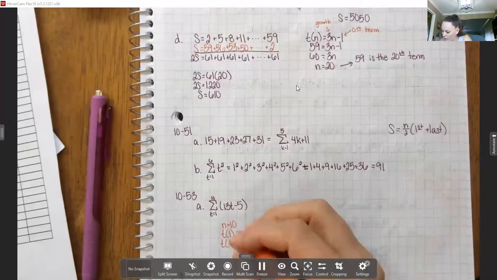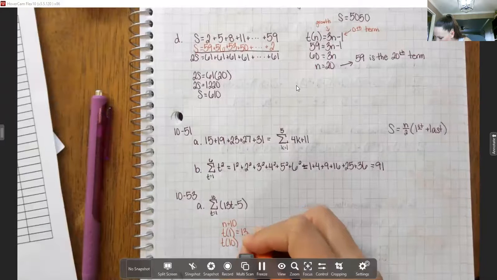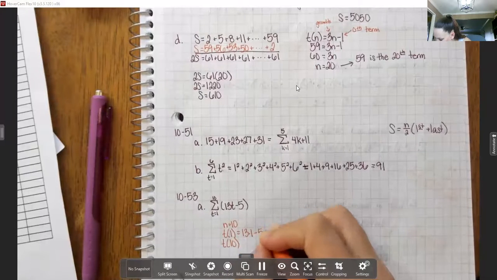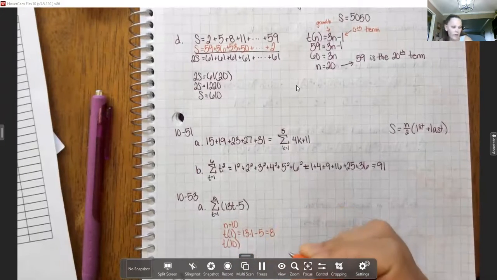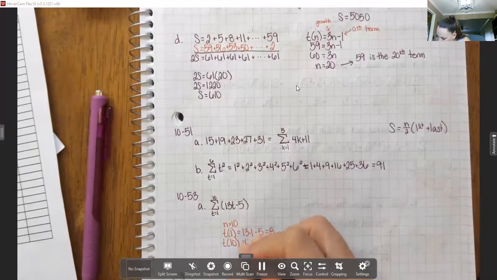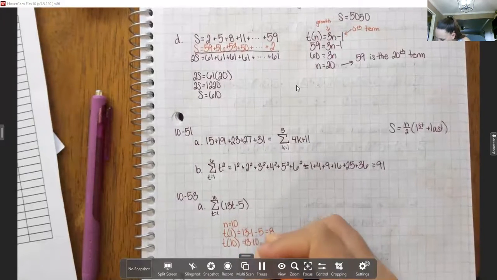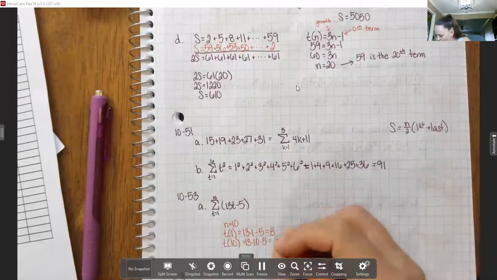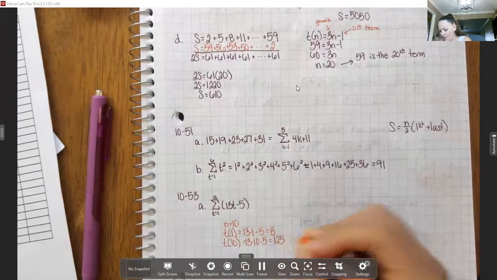So t of 1 is going to be 13 times 1 minus 5. So our first term will be 8. And then t of 10 is going to be 13 times 10 minus 5. So it's going to be 125.